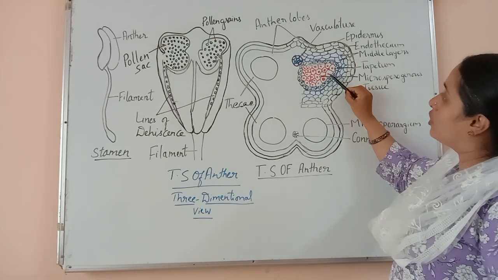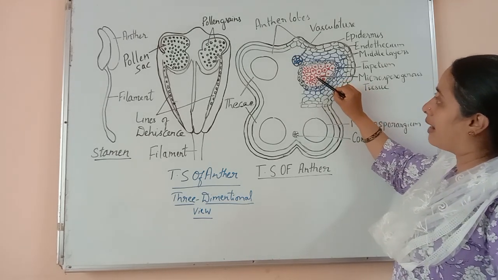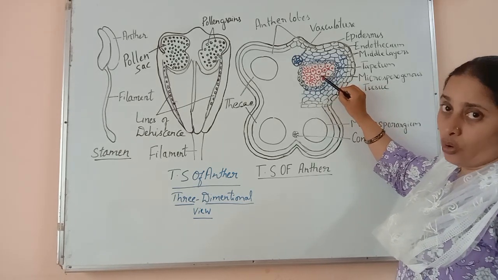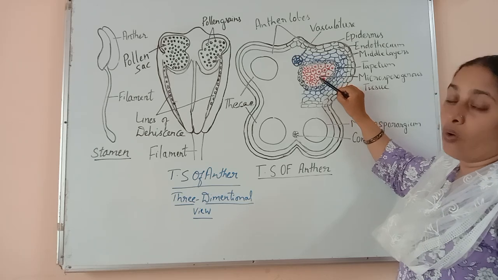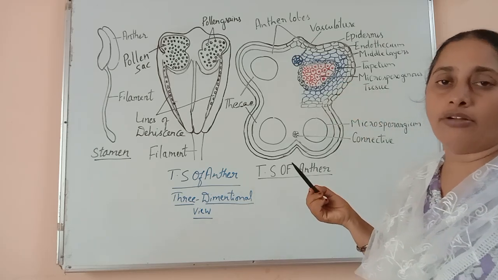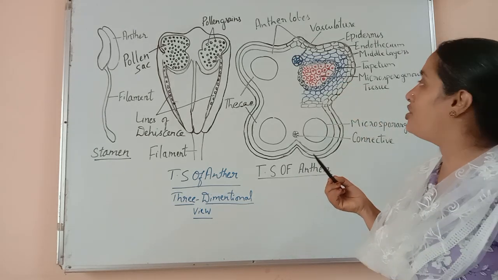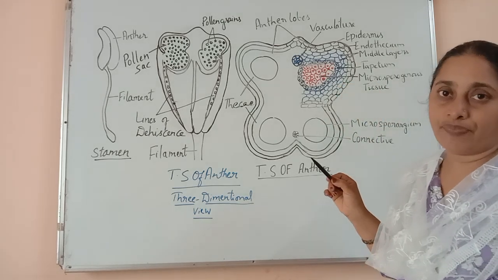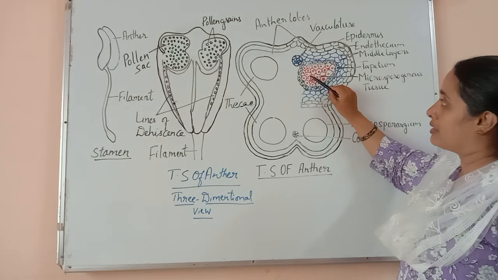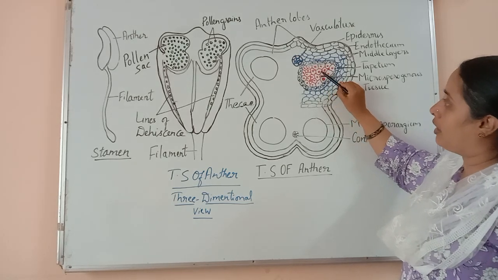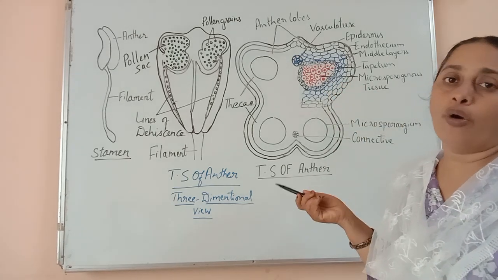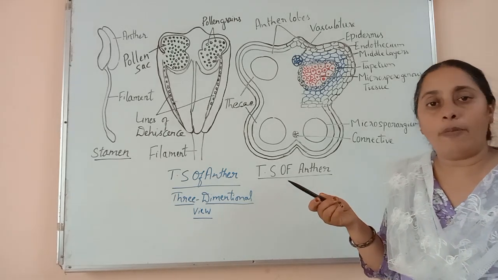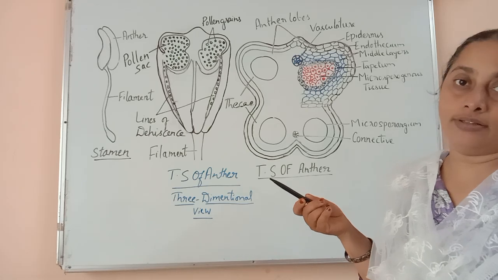These microspore mother cells grow, develop and undergo meiosis, the meiotic cell division, which will give rise to 4 microspores. Each microspore mother cell divides meiotically to produce 4 microspores, which later grow and develop into pollen grains.